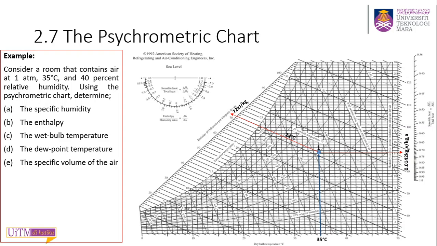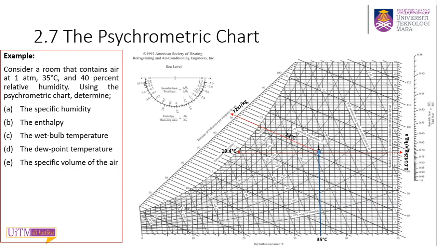For dew point temperature, we will draw a horizontal line to the left, and this one will read 19.4. For the dew point temperature, be careful with the range, because not all ranges have equal spacing.